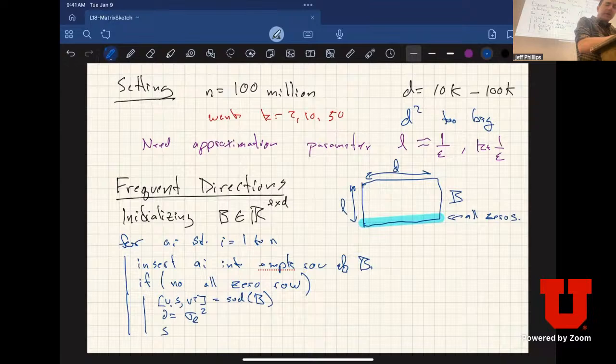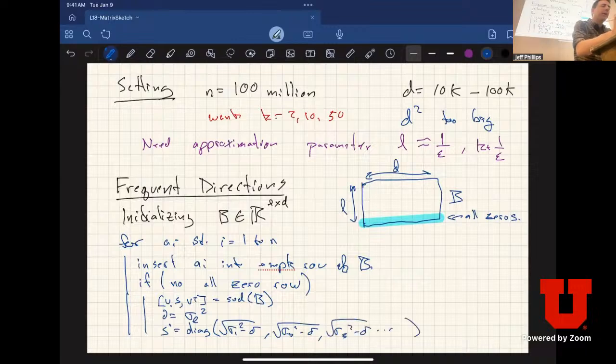And then the tricky step is I'm going to set S prime equal to the diagonal matrix of square root of sigma_1 squared minus delta, square root of sigma_2 squared minus delta, square root of sigma_3 squared minus delta, and so on. So I'm going to take all the singular values of S, which I got out of the SVD, and I'm going to shrink the squared singular values by the smallest squared singular value.